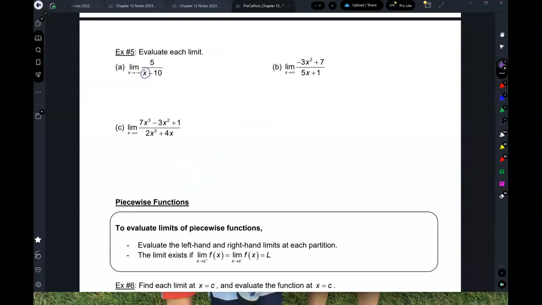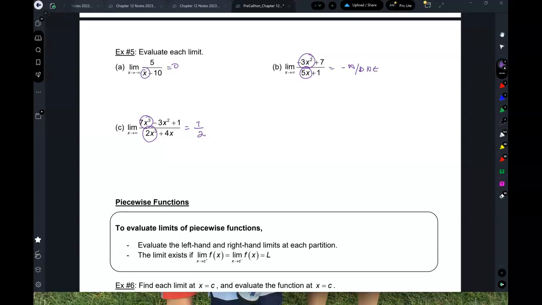You have a higher exponent in the denominator than in the numerator, so it's going to be 0. Okay, what about the next one? It's negative x, which will be negative infinity. Here, 7 over 2.